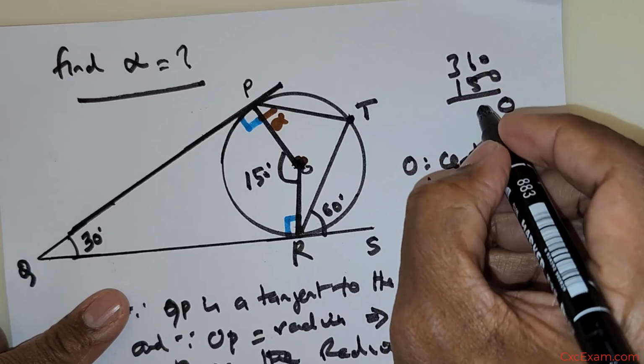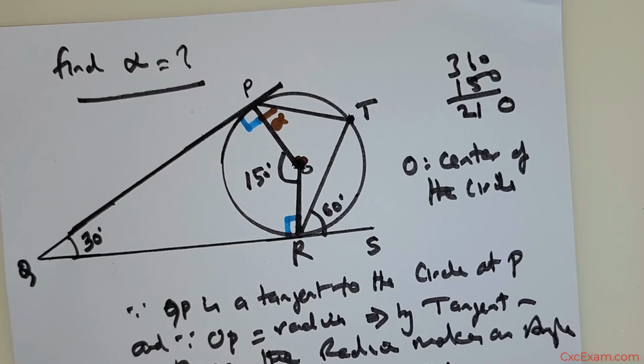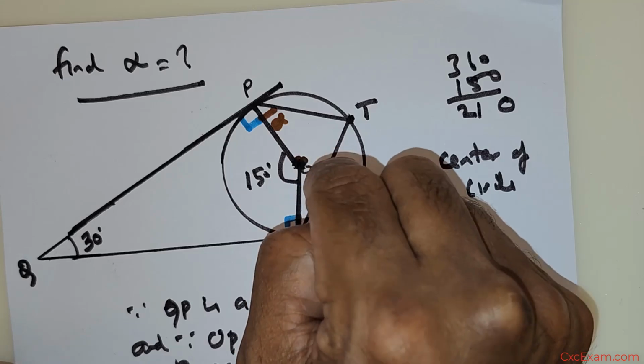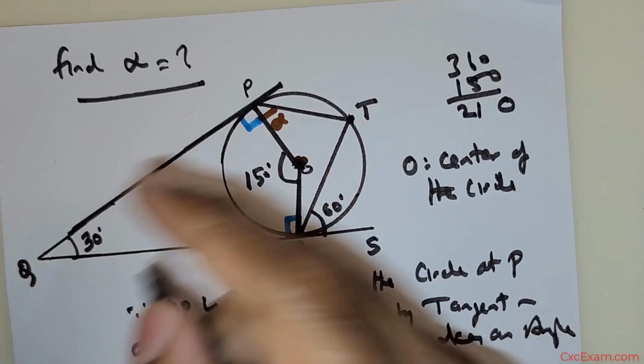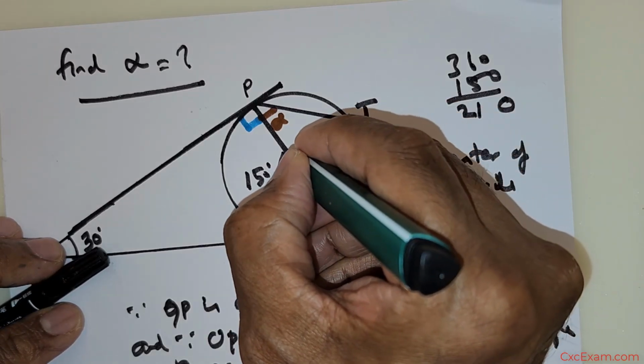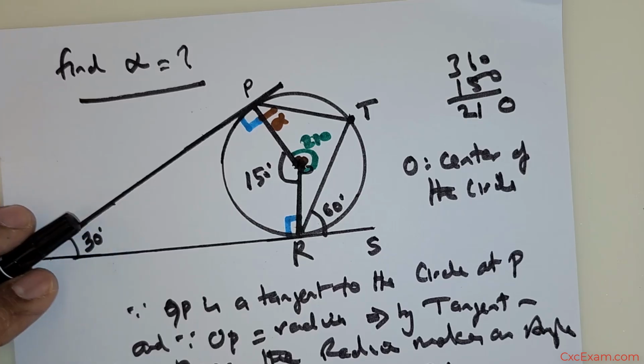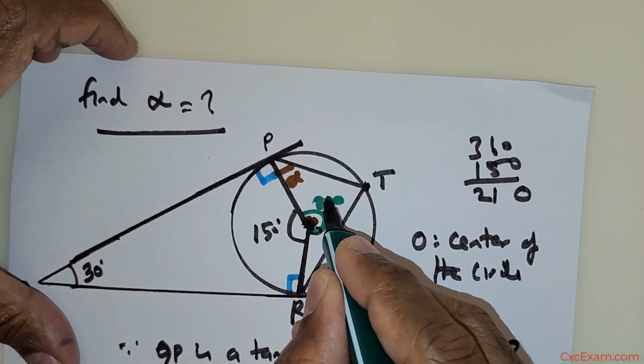What do you get? 210. So this side is 210 degrees.